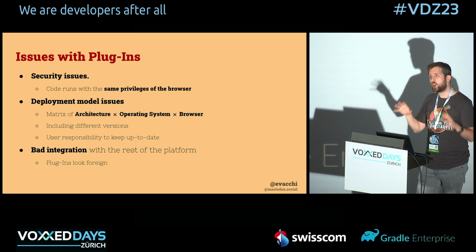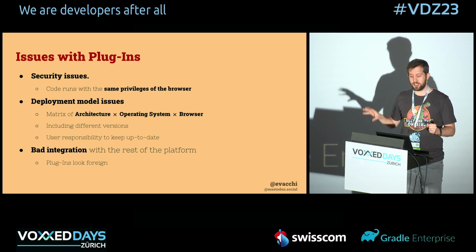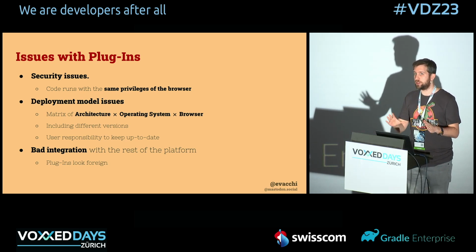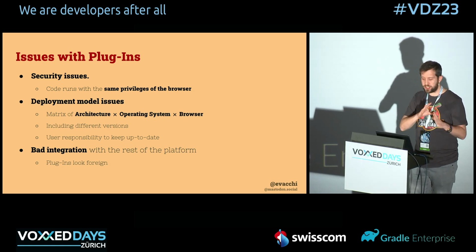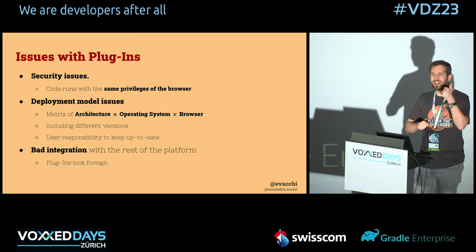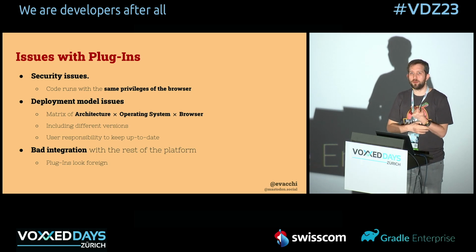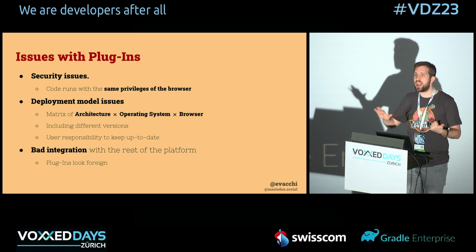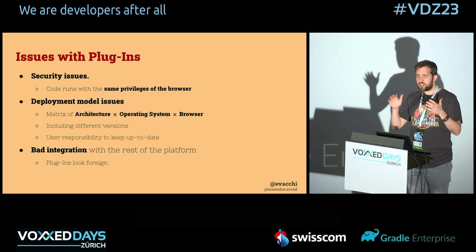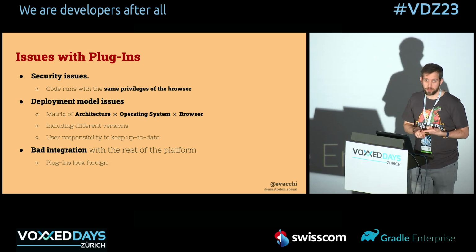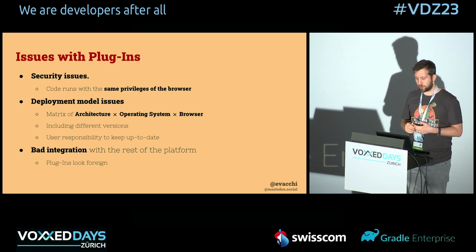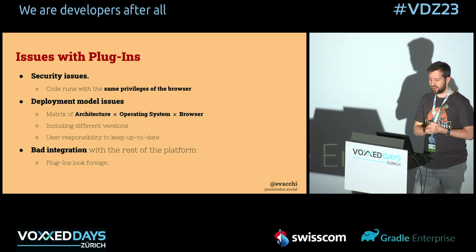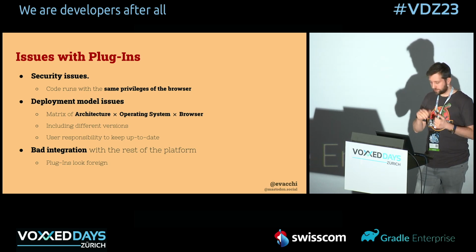There's deployment model issues, and these are the worst because this is native code. So you have to support a matrix that is made of architecture, so your type of CPU. And it's not like there's only x86 everywhere. Even if we're talking about client machines, at the time there was definitely still PowerPC and a number of others, but among the most mainstream.